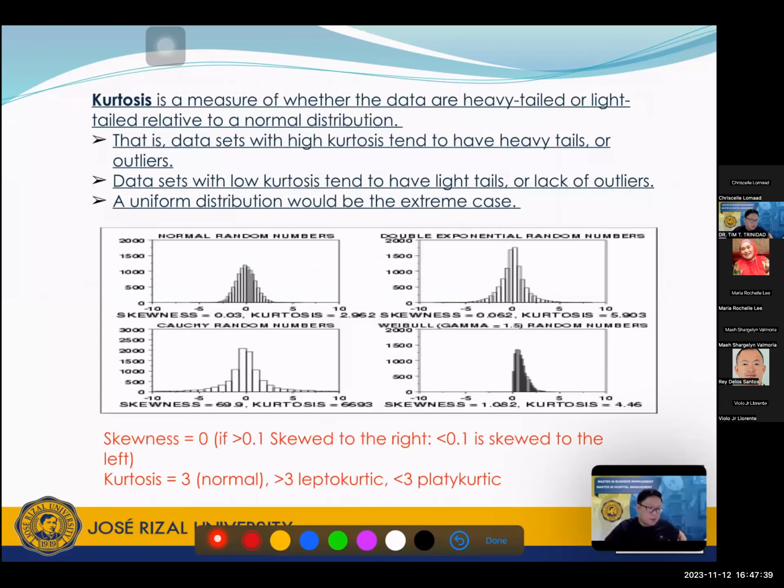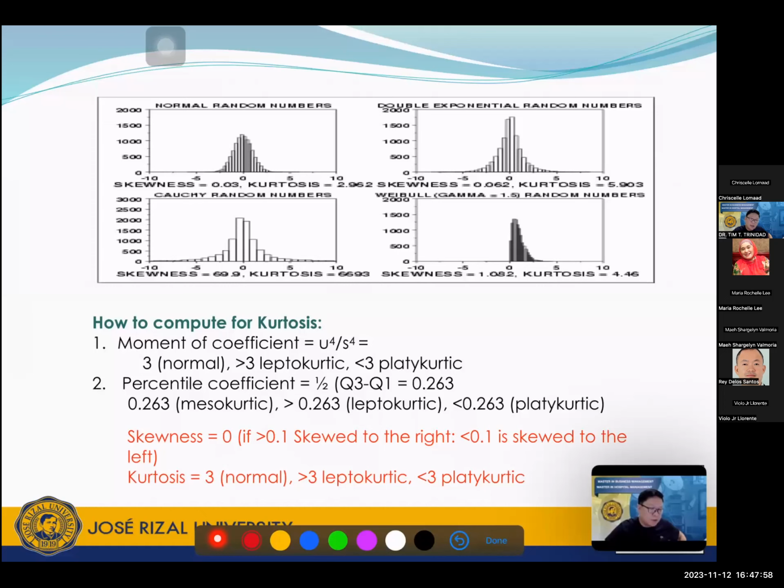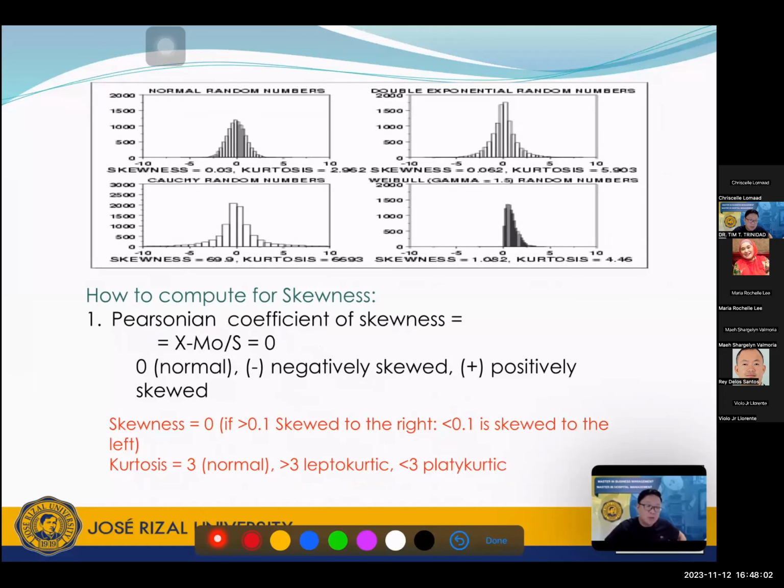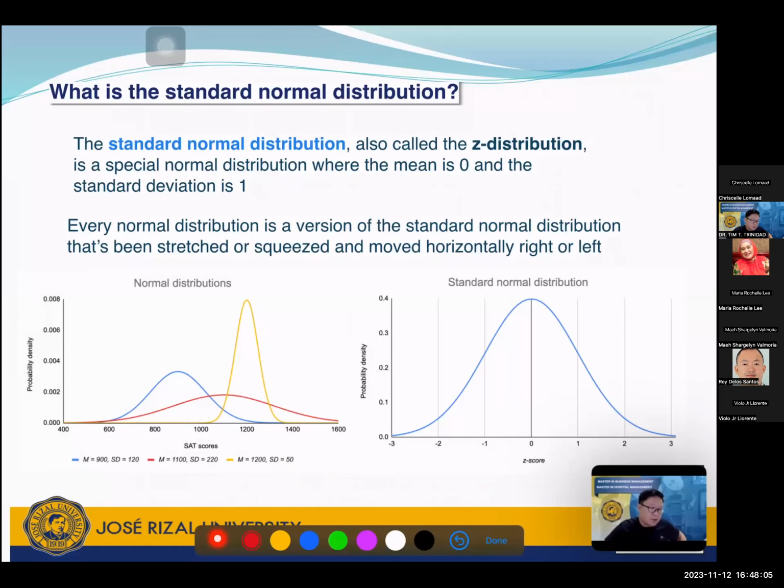Okay, so for the kurtosis, there are applications that you can use. You can compute for the degree of kurtosis, no? So, but there's no need for you to learn this one wholeheartedly, because these are for decision statisticians. I'm just showing you that we can compute all the values of skewness and the kurtosis.